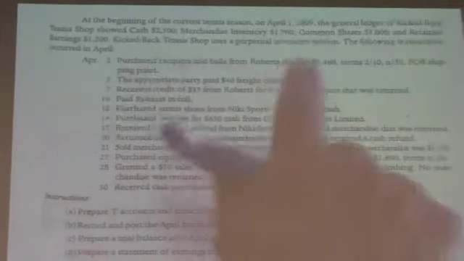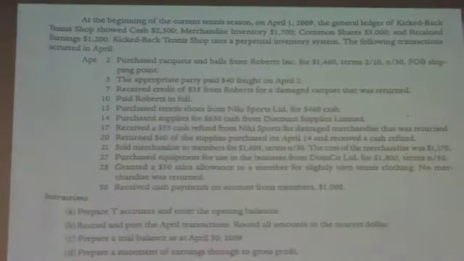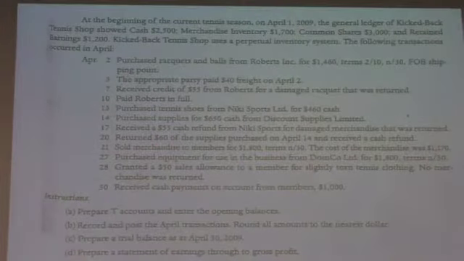It's important to know that they use a perpetual inventory system, and you saw in other videos the difference between a perpetual and a periodic inventory system. Which system the company uses will dictate the general journal entries, because the journal entries are different.